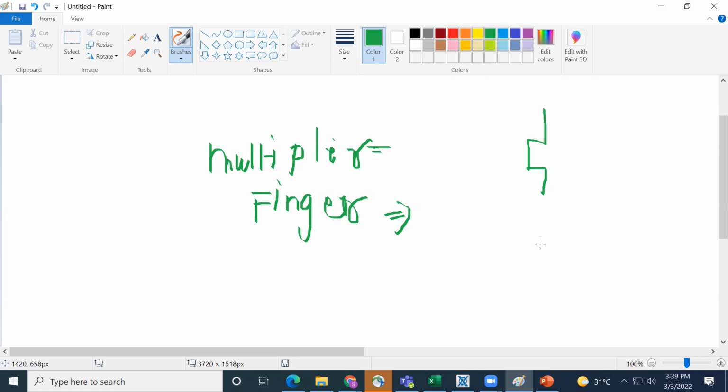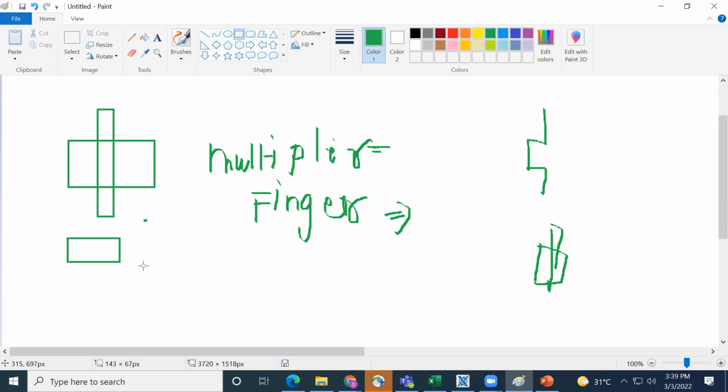A single device has this width. With 2 fingers, it is W by 2, W by 2. So 2 fingers means the width will be divided by 2.